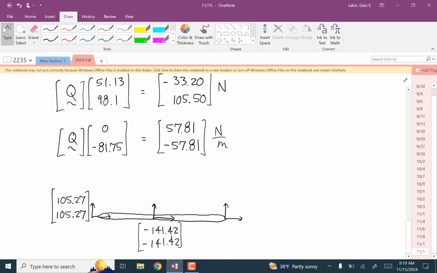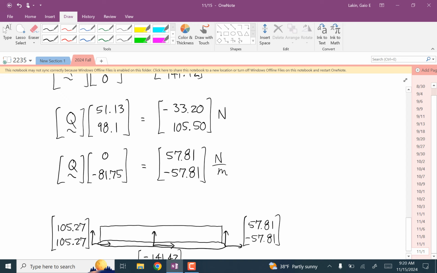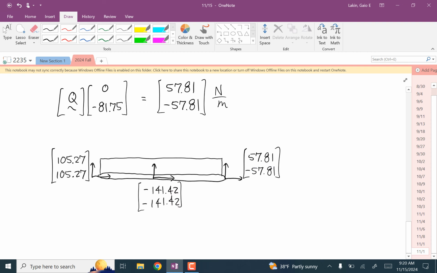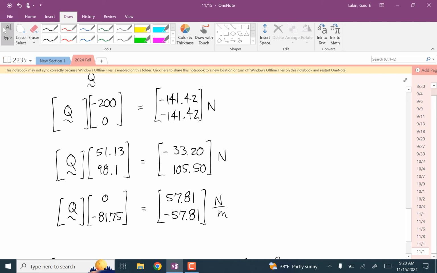So over at the right end, we have 57.81, negative 57.81. That one's not going to come up in our calculations. And then we have the weird new part. So the distributed load. Oh, damn it, I did the wrong one.